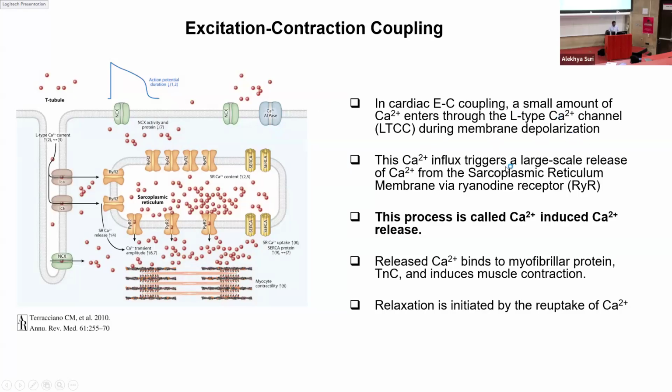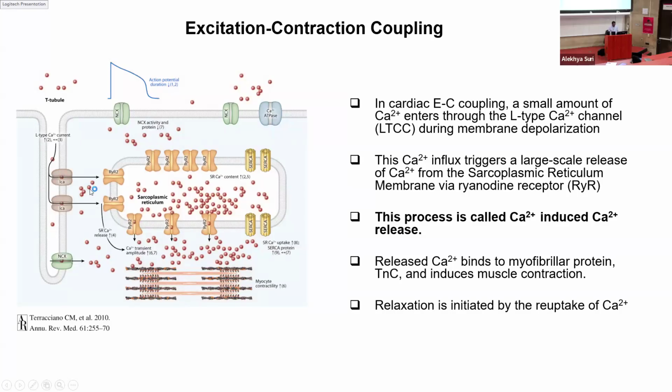The DHPR, or L-type calcium channel, is the one which gets activated when the membrane is depolarized, and it brings a small amount of calcium from the extracellular matrix to the cytoplasm. Most of these L-type calcium channels are located in the T tubules, which are invaginations of the plasma membrane, or sarcolemma.